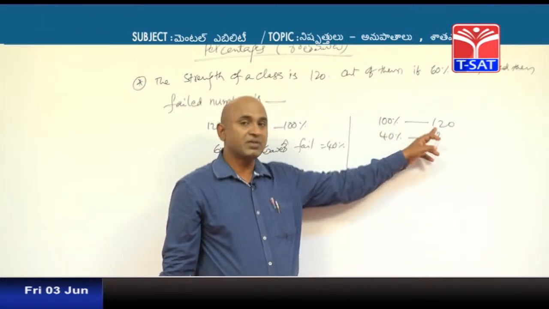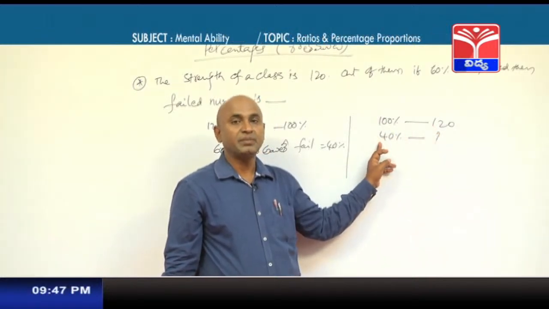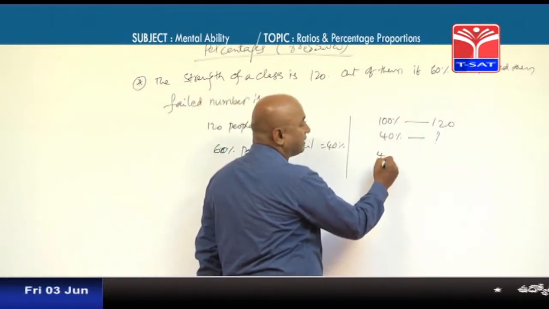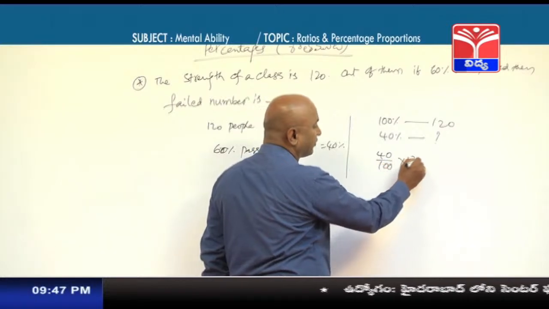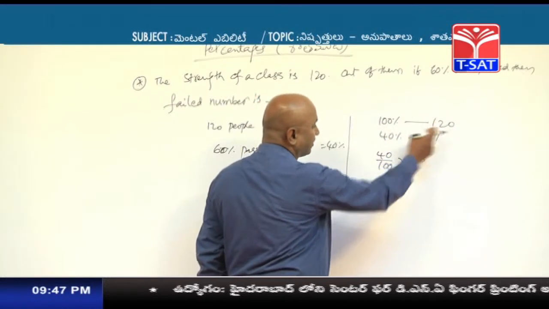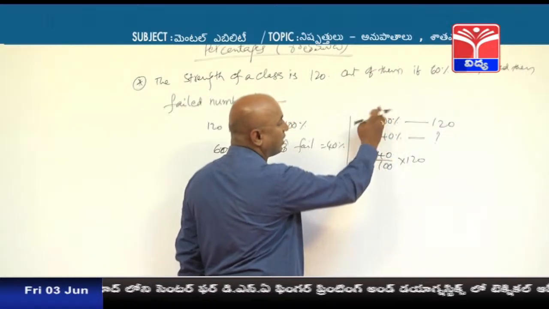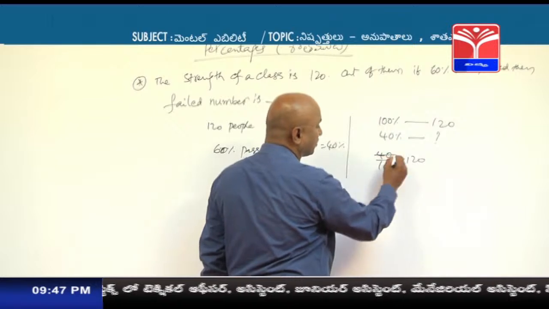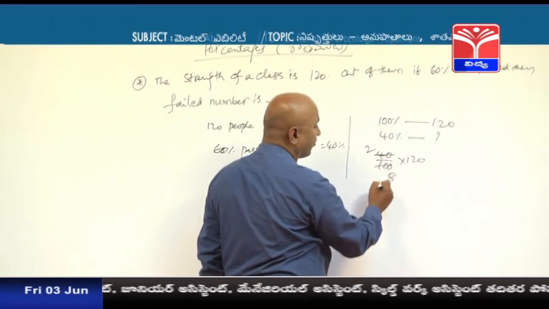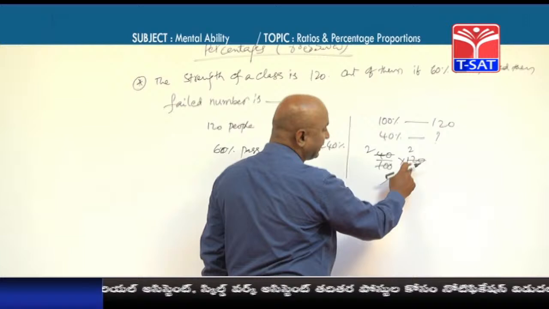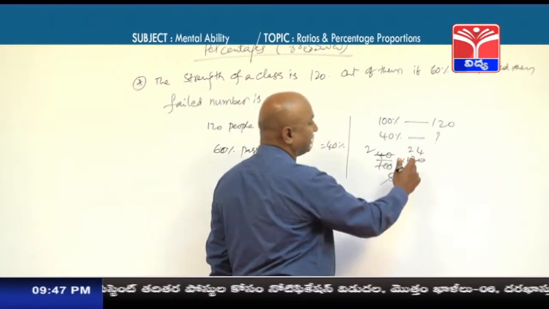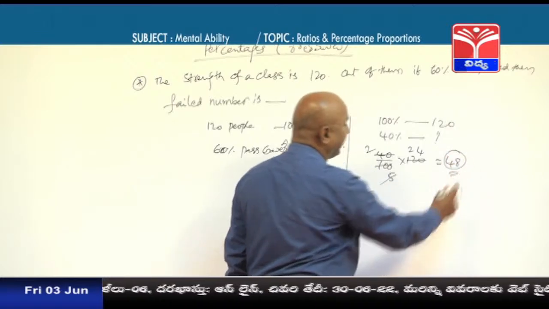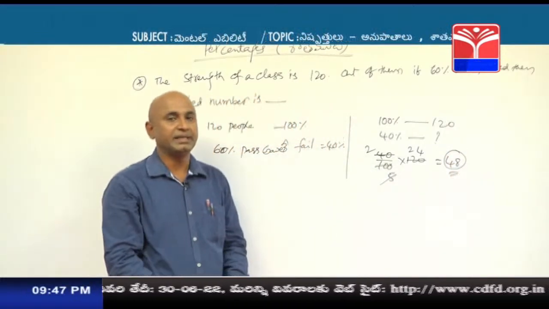If 100% is equal to 120, then 40% is how much? 40/100 into 120. 100% is 120, 40% తక్కువ బై ఎక్కువ ఇంటూ విలువ. 40 by 100 into 120. So 2 20s, 2 5s, 5 1s, 5 2s are 10, 5 4s are 20. So 24 2s are 48. So the failed number of candidates is 48.